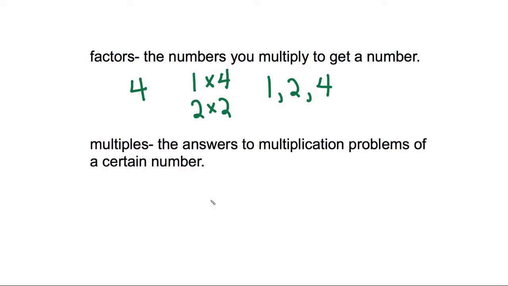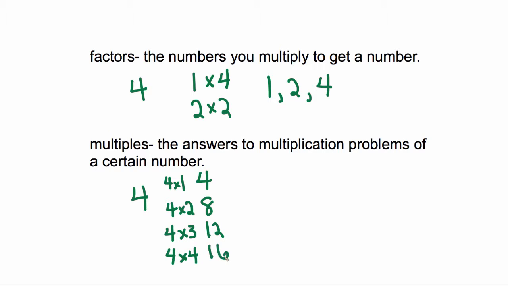Now, multiples are a little different. If I wanted to know the multiples of the number 4, that's the answer to multiplication problems of a certain number. So if that number is 4, you would start off 4 times 1 is 4. 4 times 2 is 8. 4 times 3 is 12. 4 times 4, 16.